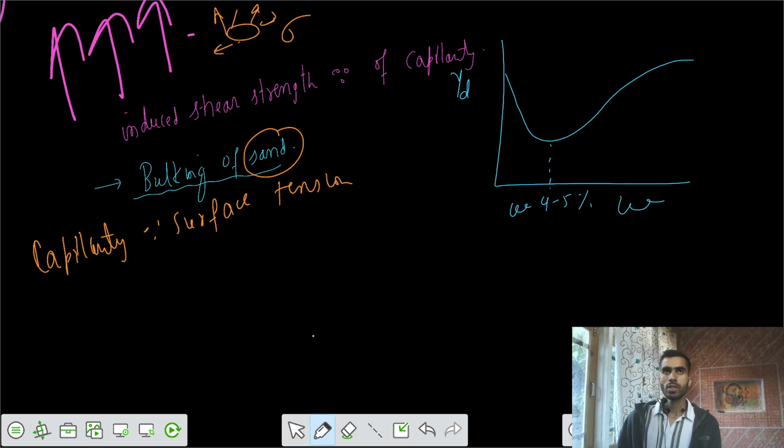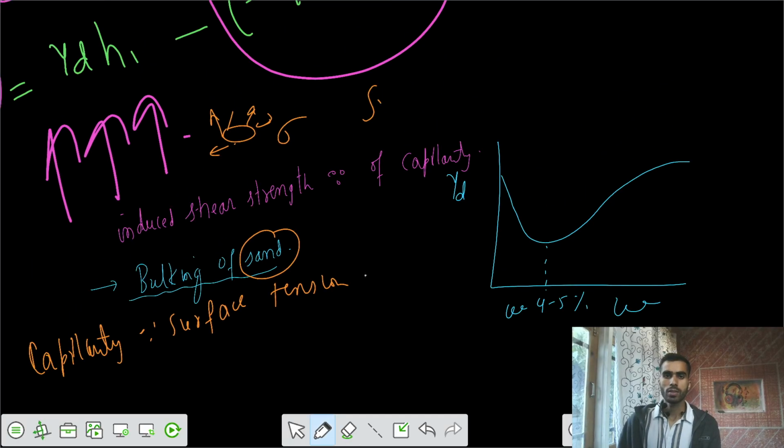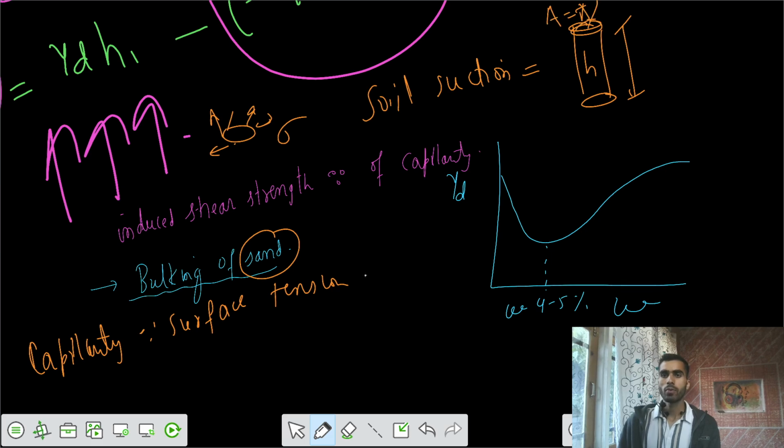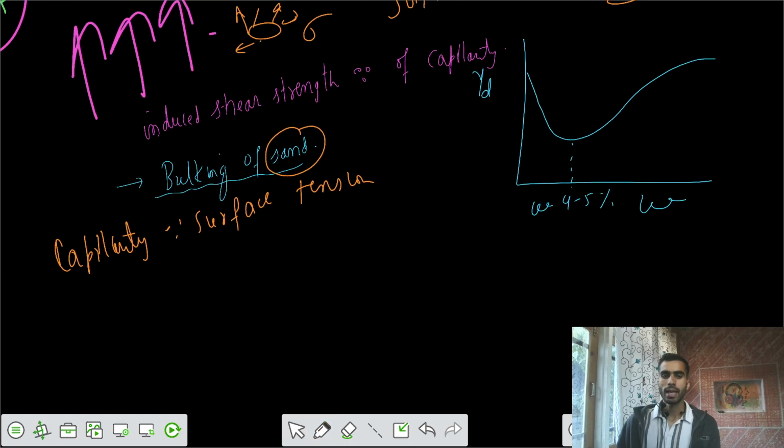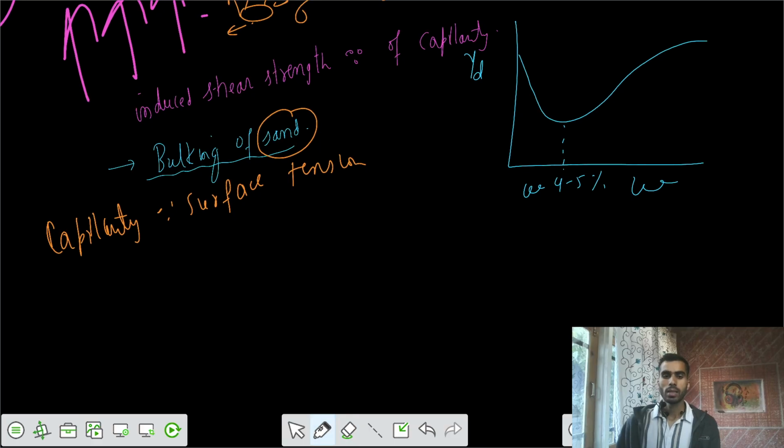It is similar to soil suction. Because of that surface tension or soil suction, we can lift the water to a height h with a cross section area A, that's pi by 4 d square.